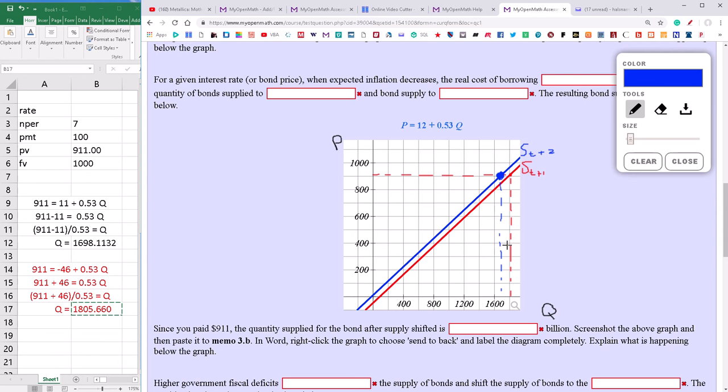So supply decreases here. Quantity supplied decreases. I'm trying to make an arrow there. Quantity supplied decreases, because supply decreased.